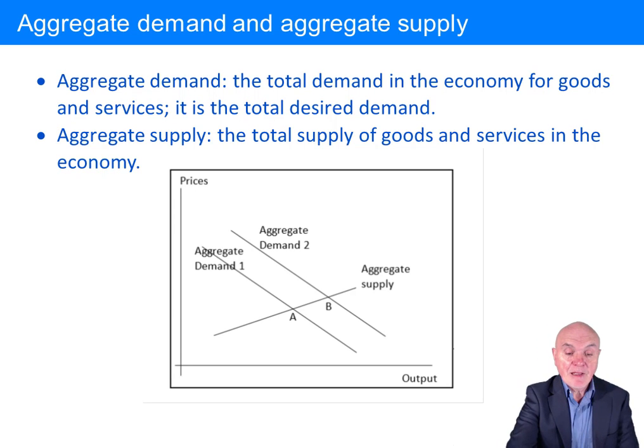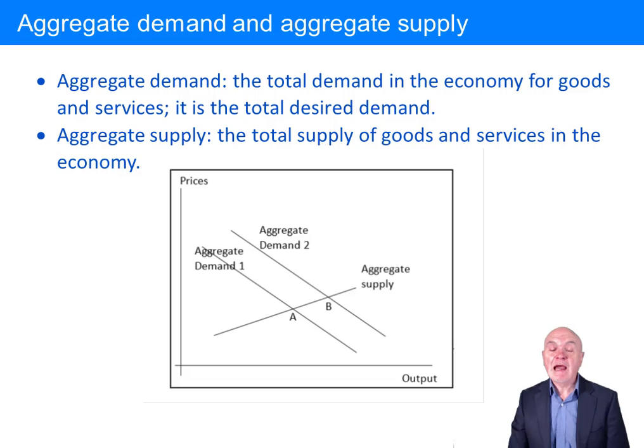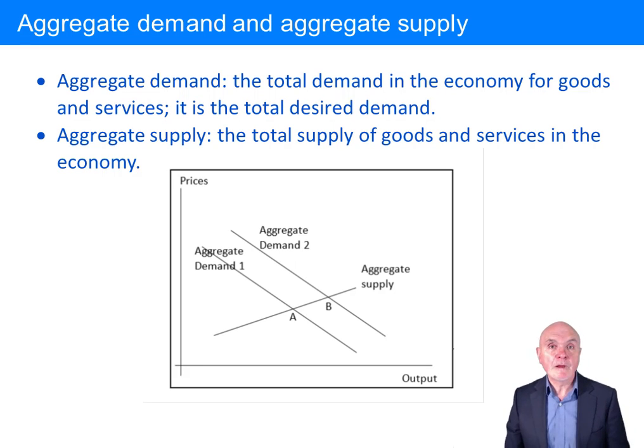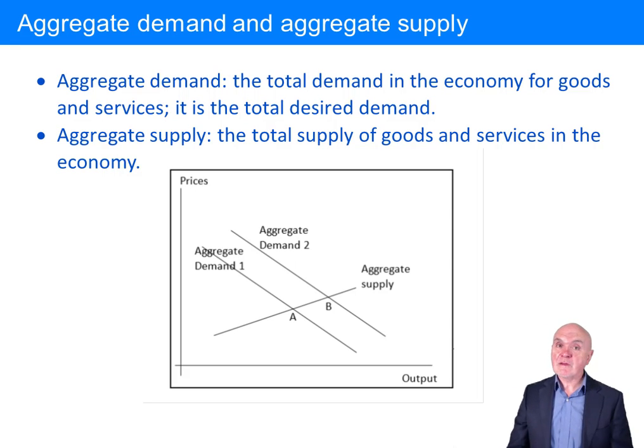As prices go down, then the output from firms will go up. Because as prices go down, we can afford to buy more goods and services, and this will cause the output of firms to rise. There will be greater demand for their products, and they will begin to respond to that demand by increasing the output.